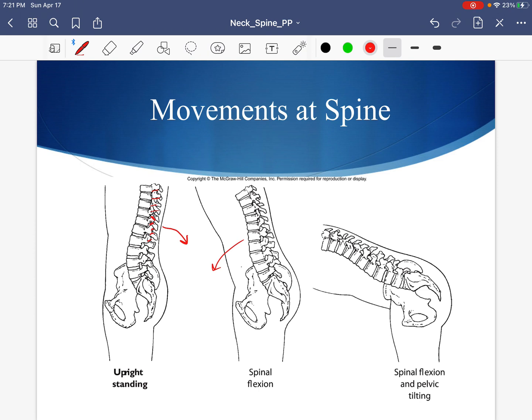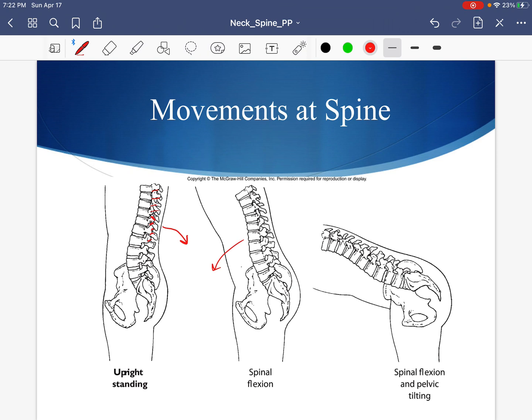Okay, so what are the main points to take home? The main points to take home are that the top two joints move the head at the neck, the atlanto-occipital and the atlanto-axial. Those are going to move at the neck, yes and no motions.